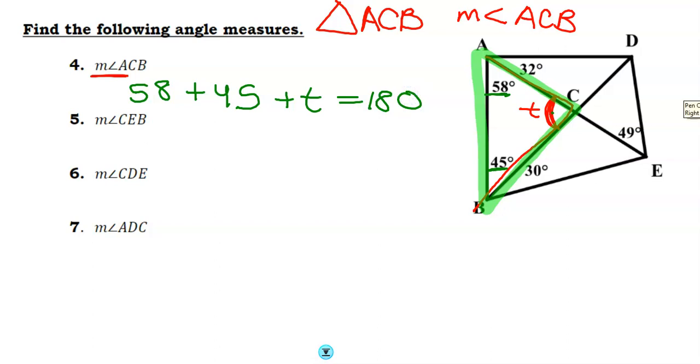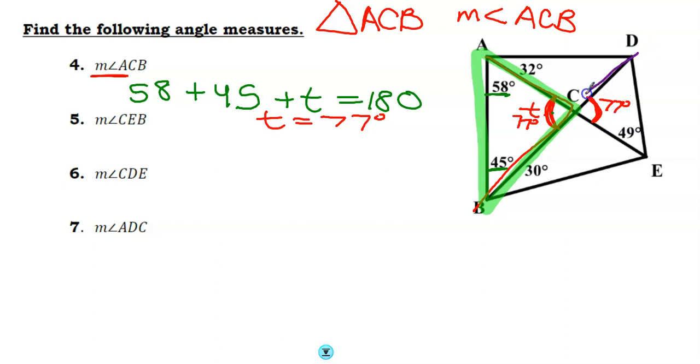Once I find out what this angle is, I will know what this angle is because they are vertical. Whoop, whoop. It's like a 2-in-1 special: finding out one and getting the other answer. So 180 minus 45 minus 58, and we get 77 degrees. So T equals 77 degrees. So if this is 77 degrees, therefore this one's 77 degrees.